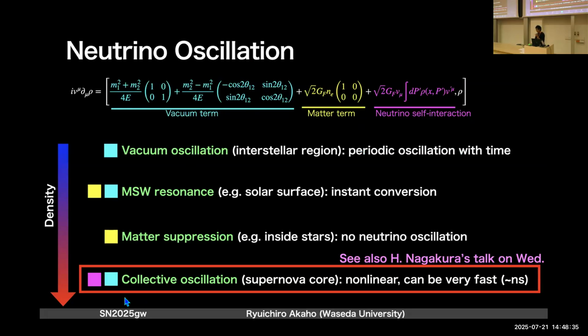But in supernovae, since the neutrino density is so high, collective neutrino oscillation is known to occur. Unlike these other phenomena, it is highly nonlinear and can have a time scale of nanoseconds, so it is expected to have a large impact on core-collapse supernovae. I hope Hiroki is going to give you a more detailed review on collective neutrino oscillation on Wednesday, so please look forward to it again.